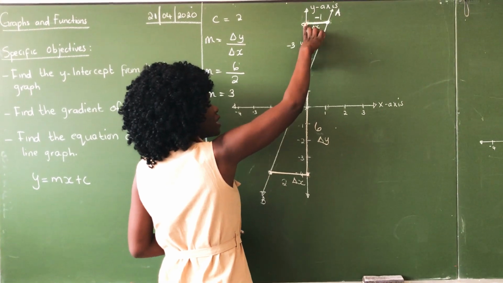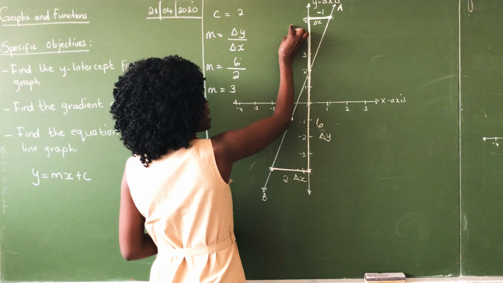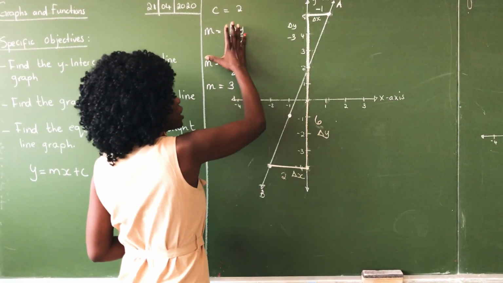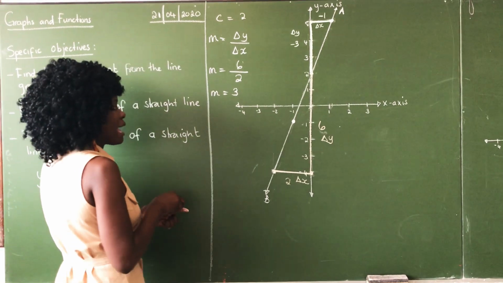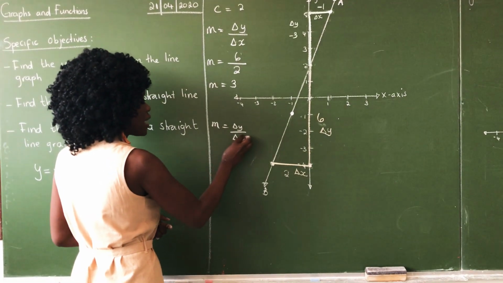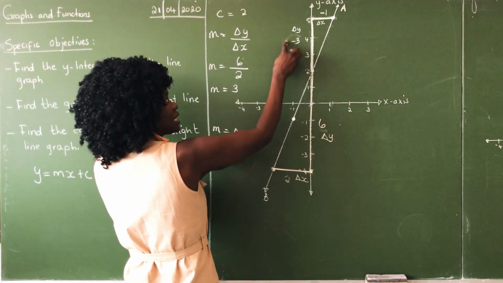This distance from here to there is parallel to our y-axis, so this is my change in y. Substituting this information into the formula, change in y over change in x, change in y is our negative 3.